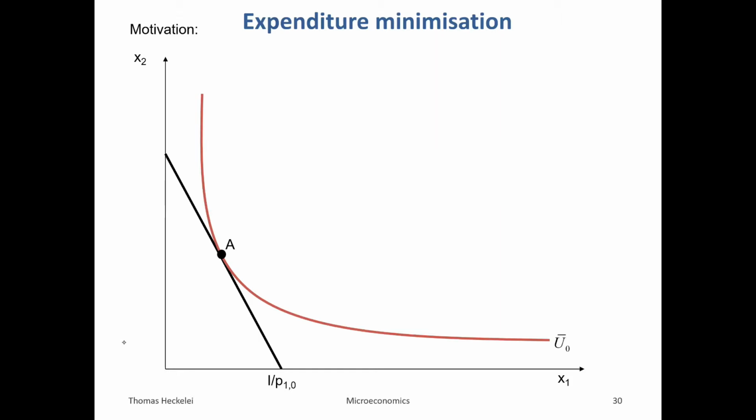For example, let's look at this graph here. Initially, we have a utility maximizing point at A, where the indifference curve U0 is tangent to a budget line, right? And now imagine the price of one good, let's say X1, decreases from P1_0 to P1_1, while the price of the other good P2 remains unchanged.